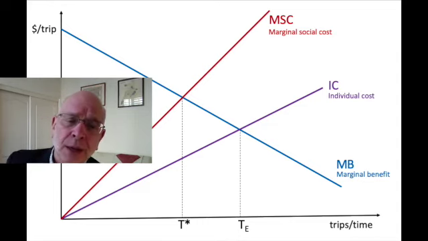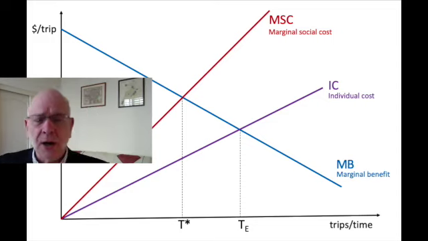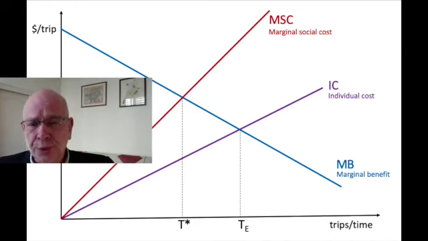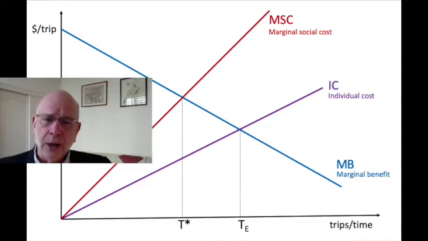But the optimum point, here indicated by T star, is the point at which marginal social costs begin to exceed marginal benefits. And we know from previous analyses that what counts is to try to look for an optimum. It's often at the point where marginal costs are just beginning to exceed marginal benefits.